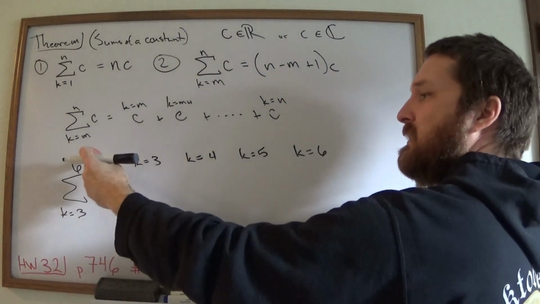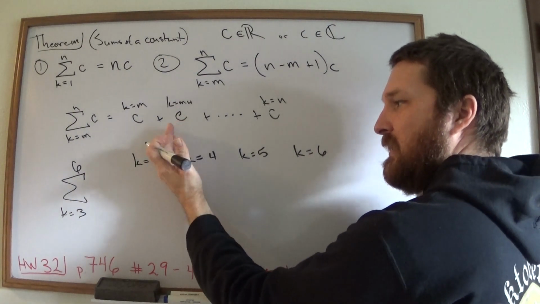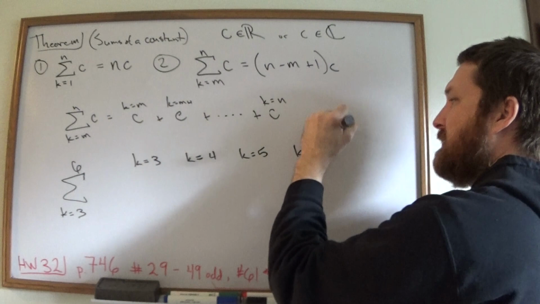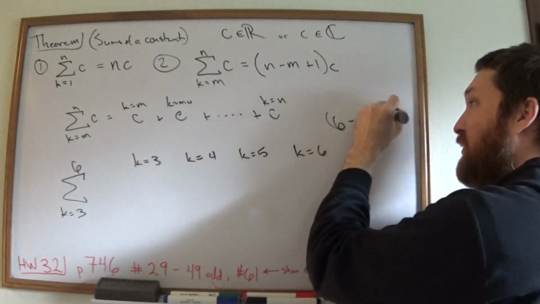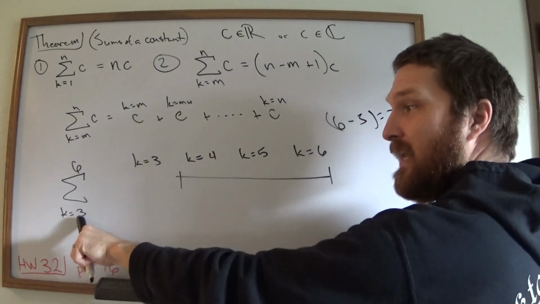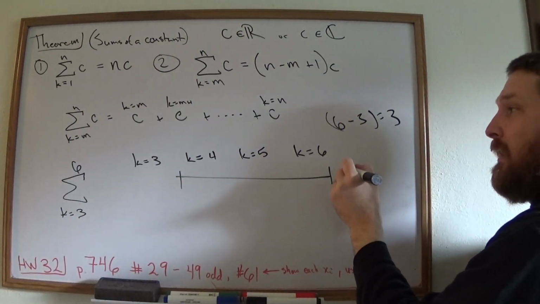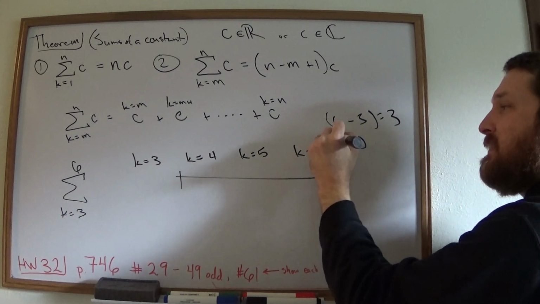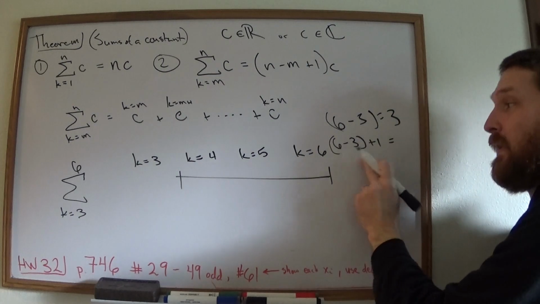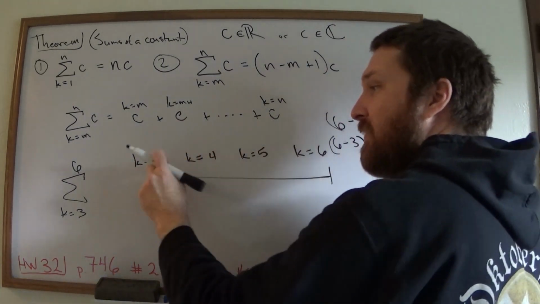If you just say 6 minus 3, it leaves that guy off, right? 6 minus 3 is 3 things, but you're forgetting the first one. You can't subtract him off, so you need to add him back in. So we'd have 6 minus 3, but then you add in the one that you're missing, and that would give you the correct number. 6 minus 3 is 3, plus 1 is 4. You have a total of 4 things.